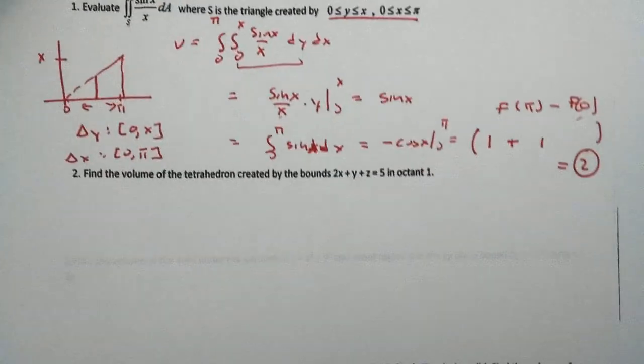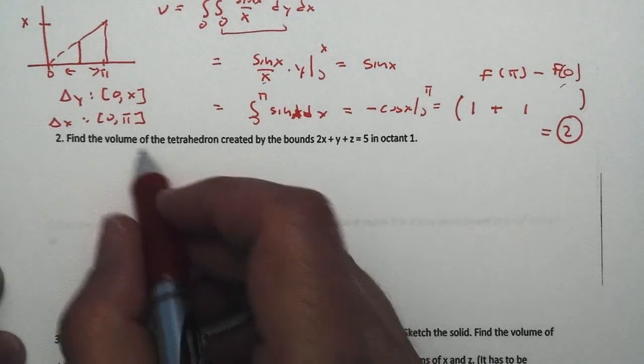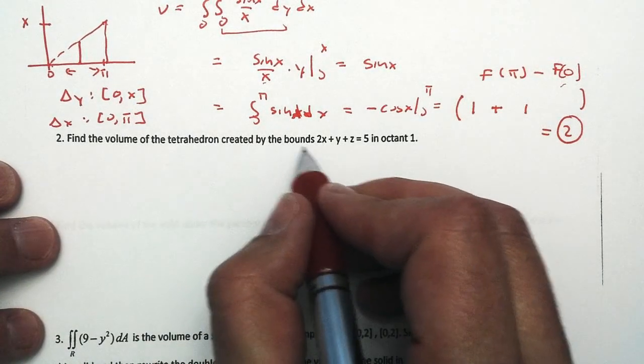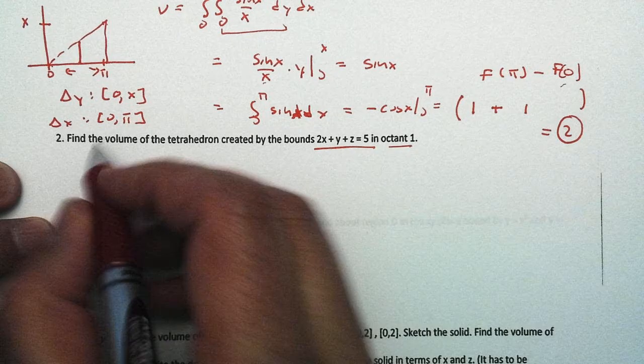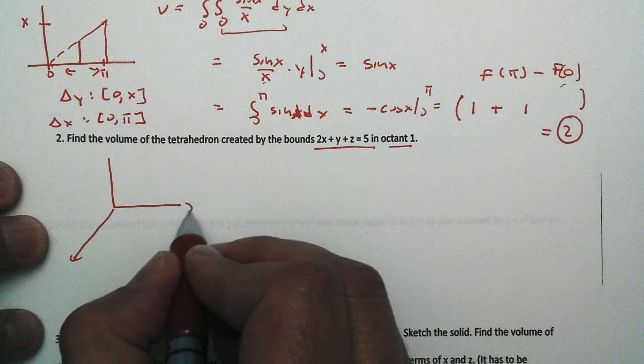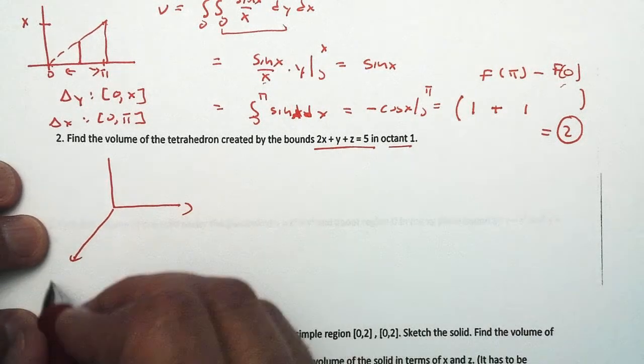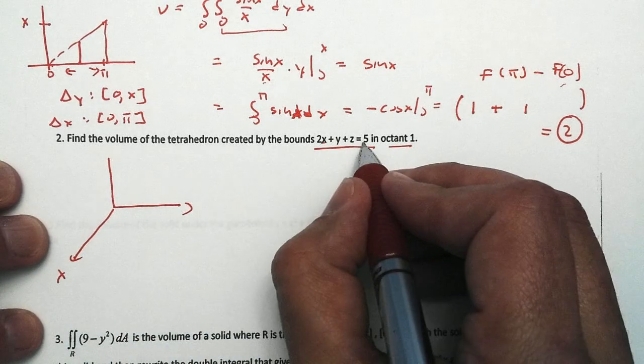All right. So let's take a look at number 2 right here. Let's see if we can set this up. Ready? We want to find the volume of the tetrahedron formed with the bounds of this plane in the first octant. So I'm going to draw this out. If I were to graph this, my x-intercept would be at, what is that, 2.5?